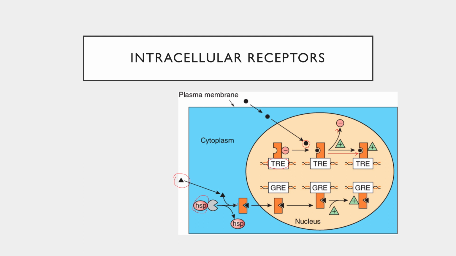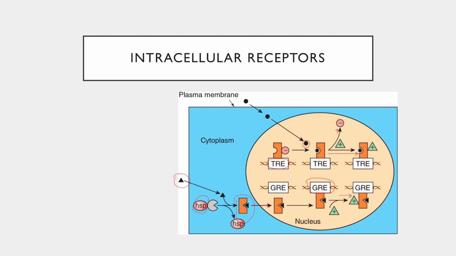Upon ligand binding, you notice a conformational change that typically exposes a nuclear localization signal, and the protein is then trafficked to the nucleus, where it will bind to its response element, denoted here as a glucocorticoid response element, which again is a sequence on the DNA strand. Once bound, this will then increase transcription of the downstream gene product.